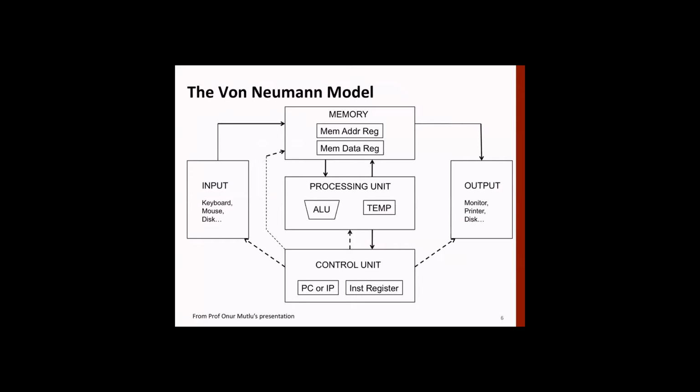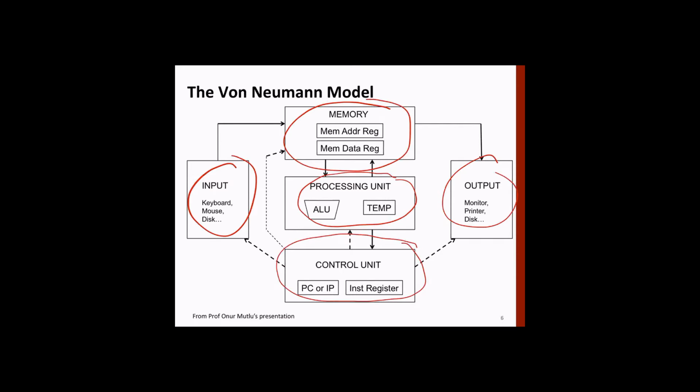And what von Neumann presented essentially is that we have the central processing unit here, then input, output, and the memory. These are the main components, and there is an important part which is the control unit.